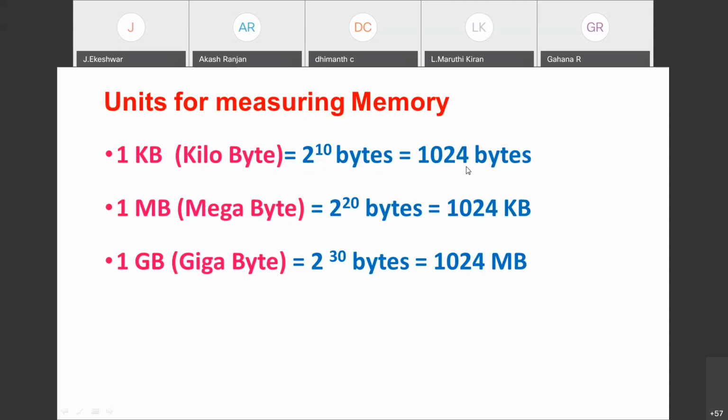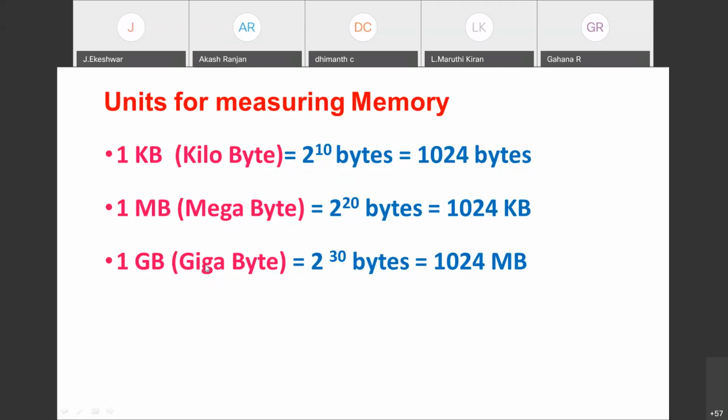In that memory, there will be 1024 locations, where in each location we can store 1 byte of data. What do you mean by 1 byte? It is a sequence of 8 bits. So this is the convention. 1 KB means 1024 bytes, so there will be 1024 locations in the memory. In each location, 8 bits of information can be written, which is a sequence of zeros and ones.